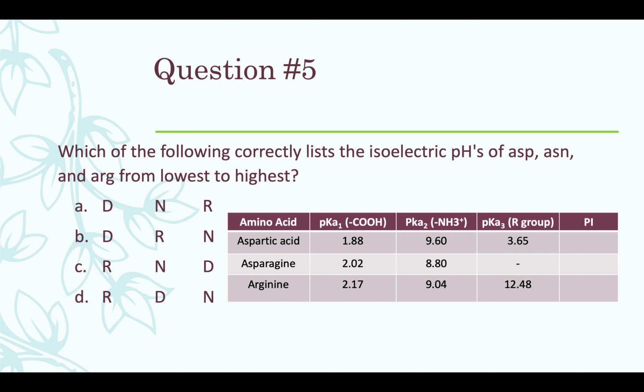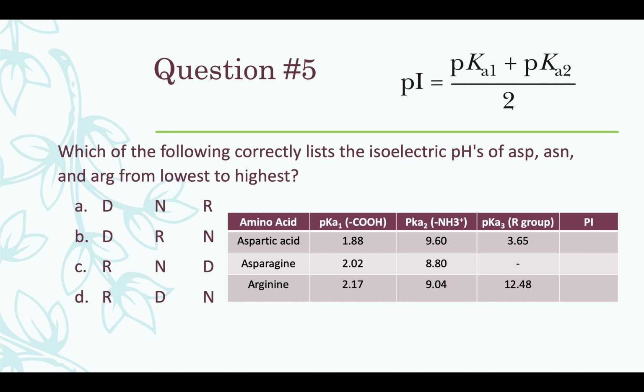Again, the formula for pI is this. Remember, in our previous video, we provided a technique in calculating the pI. If you have an acidic amino acid like aspartic acid in the given question, to calculate the pI, you just have to use the lowest pKa values.